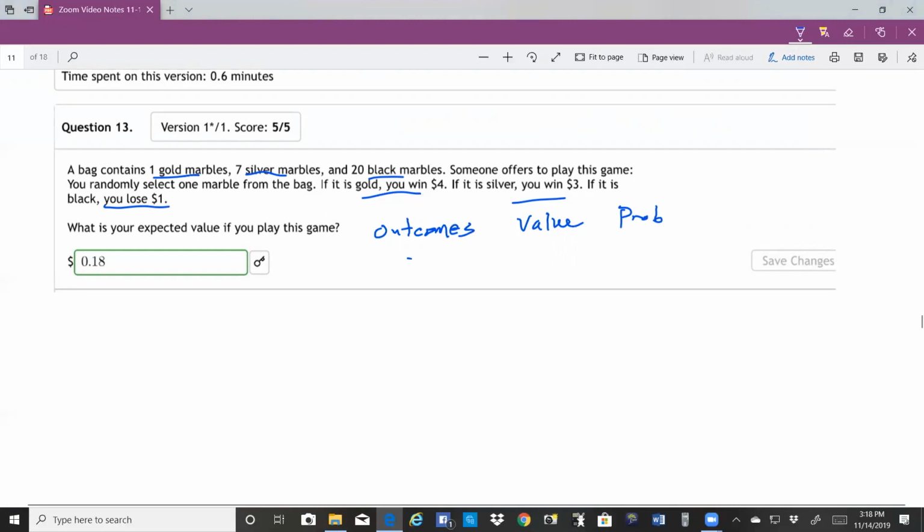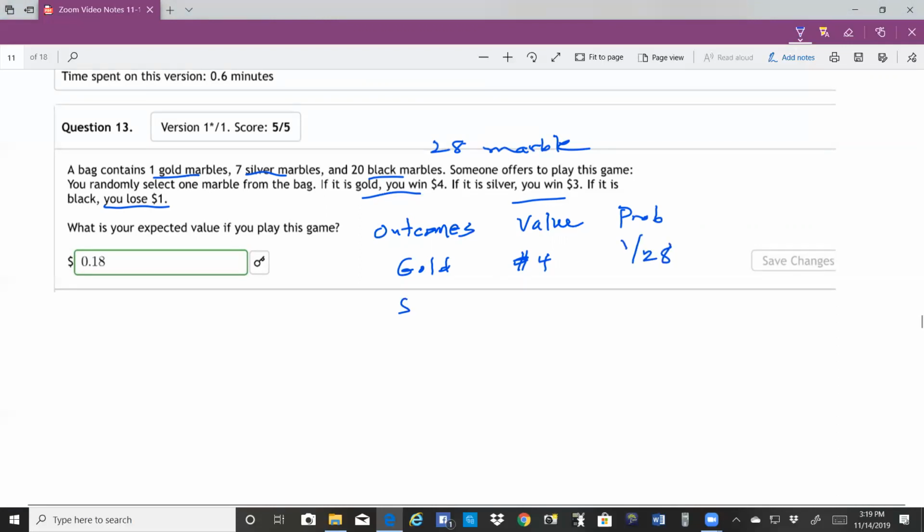Well, the first outcome is if you get the gold, you win $4. Since there's 1 gold marble out of the total of 28 marbles, the probability would be 1 out of 28.